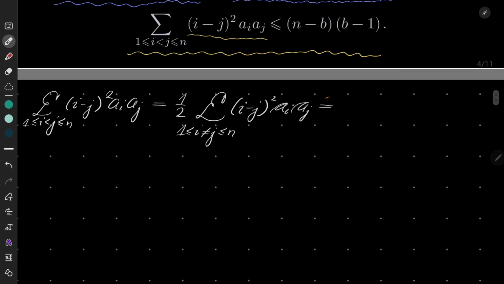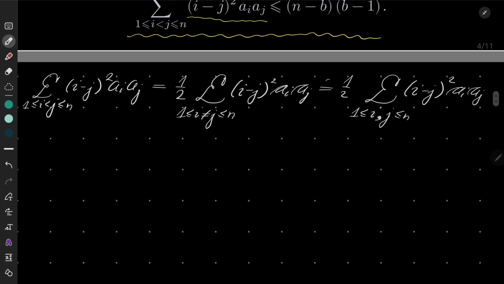So to correct that, to get my sum only once, I have to put 1/2 in front. Moreover, what I can do now is to omit the condition that i is not equal to j. Why can I do that? Well, because if i equals j, the terms of our sum are just zeros. We can introduce as many zeros as we wish.